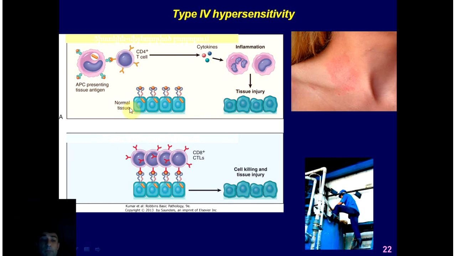While in the next scenario, we have mainly the participation of CD8 plus cells, meaning cytotoxic T cells, which, by having a specific T cell receptor against self antigens, destroy our tissues.